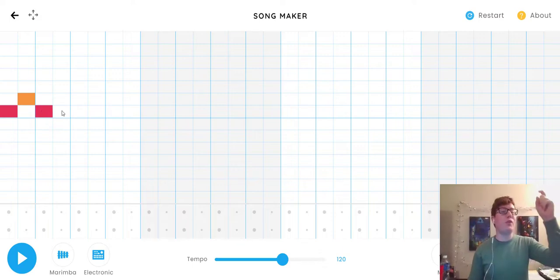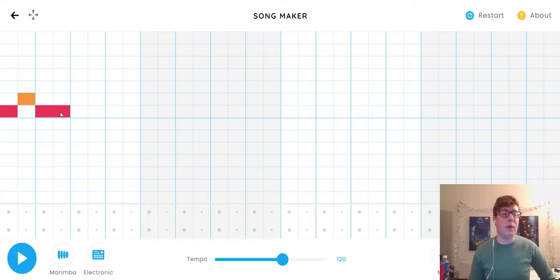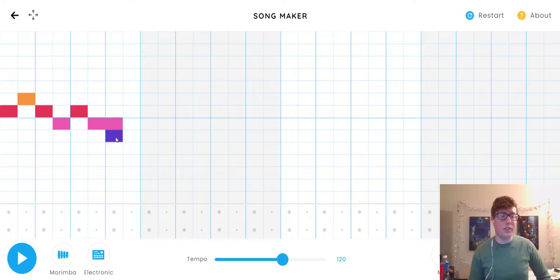Let's look at the one that's below it. Red down to pink would be stepwise. So there we go. That's all it really takes to write steps in our Chrome Music Lab. It's either the one that's directly higher than it, or the one that's directly lower than it. So we have red to orange, red to pink, pink to red, or pink to the purple color.